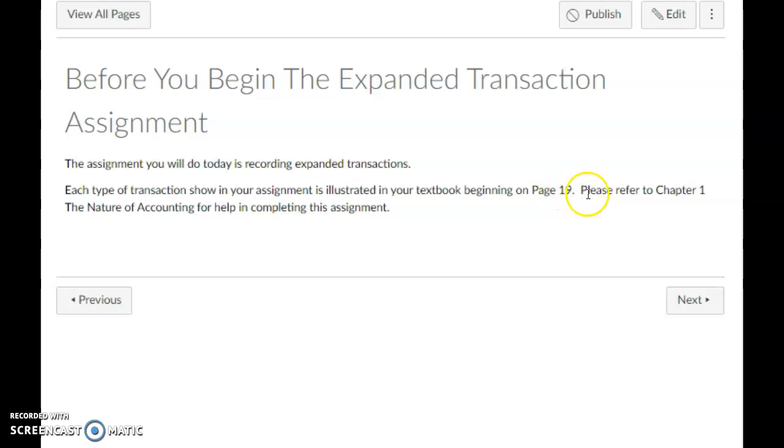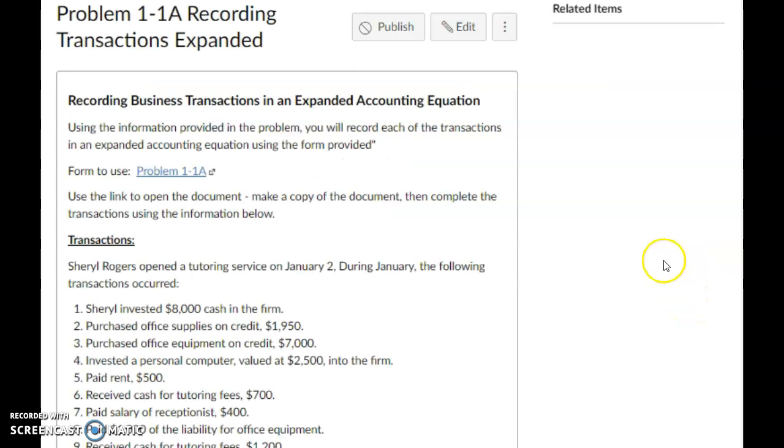Please refer to Chapter 1, The Nature of Accounting, if you get stuck. Okay, that's always a good place to go. There's a lot of good information in your chapter. Okay, this is your assignment.